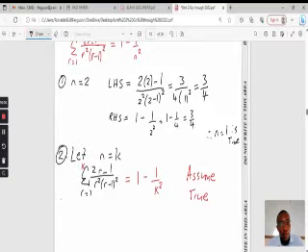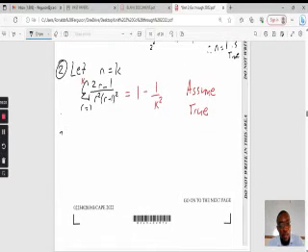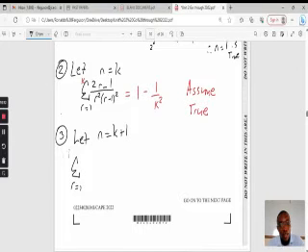Now step number 3. For step number 3, let n equal k plus 1. So for n equal k plus 1, we have the sum from r equal 1 to k plus 1 of (2r minus 1) over r squared times (r minus 1) all squared.